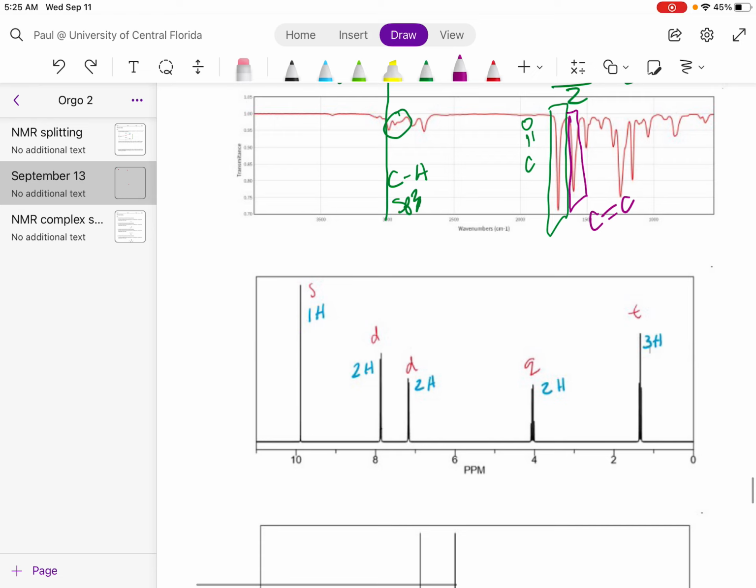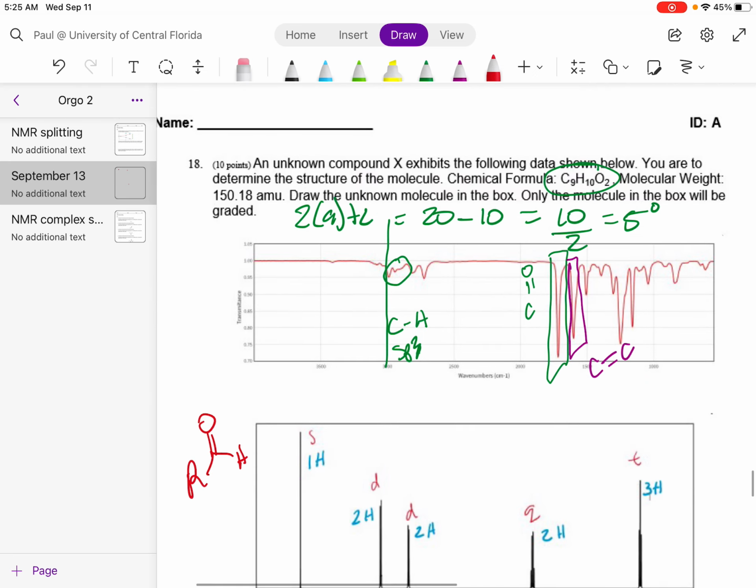But then when I take a look at the proton NMR, I see a singlet around 10. And so that's screaming aldehyde. And so when I see a potential aldehyde functional group here, I can now go back to my IR and see that I have signal there.